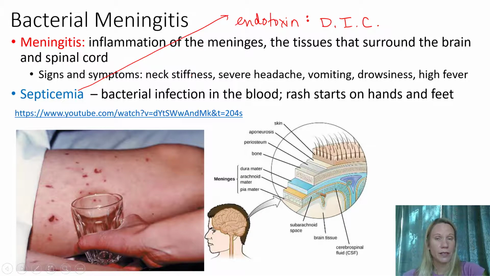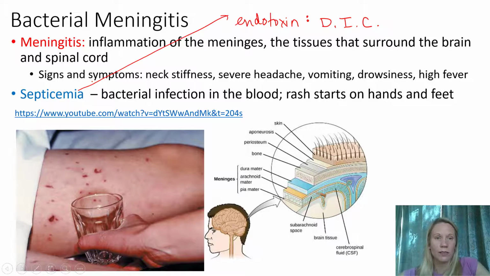So it's a very serious condition, but there are vaccines for prevention. I do want to mention that one way to detect bacterial meningitis, now it's not a fun test, okay, but what they can do is something called a lumbar puncture.